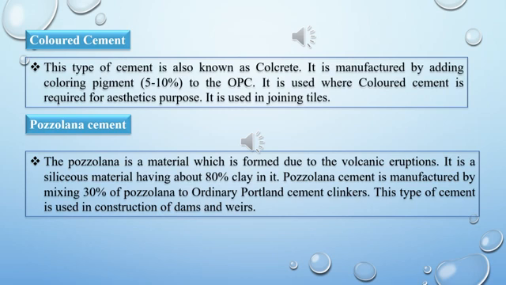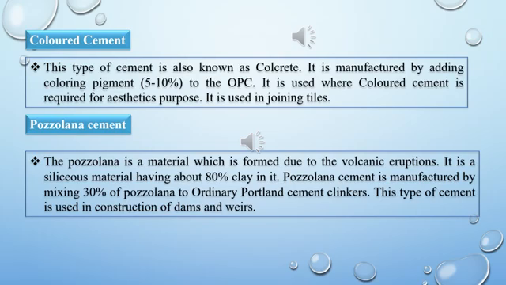So students, these were two more cements. First one was colored cement, which is formed by the addition of colored pigments, about 5 to 10%, into the OPC. It will give you colored cement. After that, there was pozzolana cement. First of all, we know what is pozzolana.